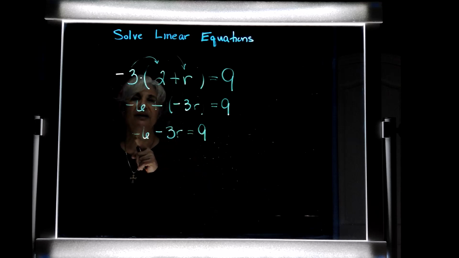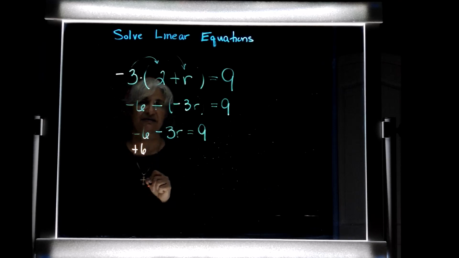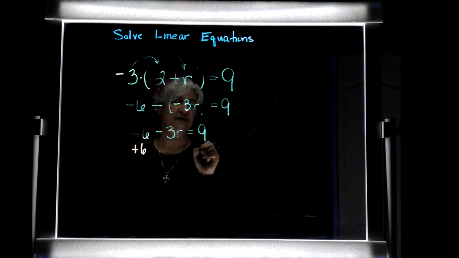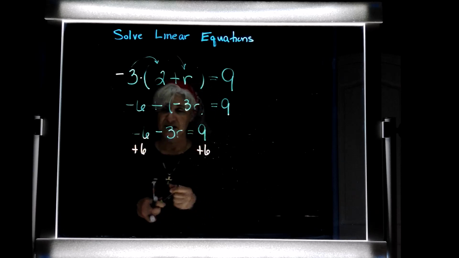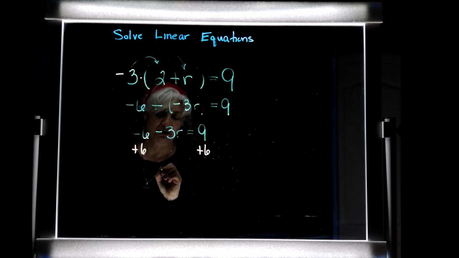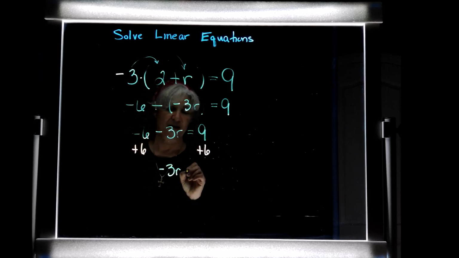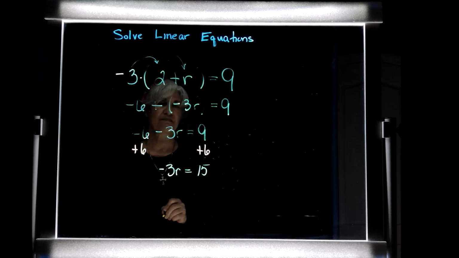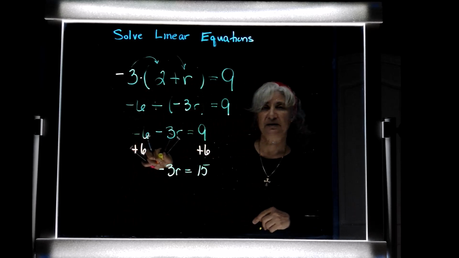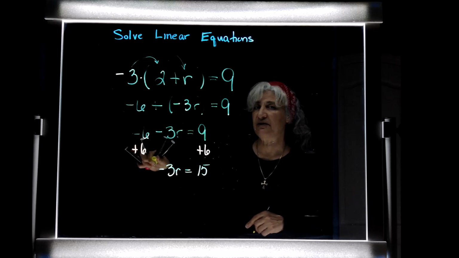So, to get rid of a -6, I'm going to use a +6, not just to the left, but also to the right. Which means what's going to remain on the left is a -3r, and on the right, 15. So, we got rid of the -6 first because it didn't have an r.